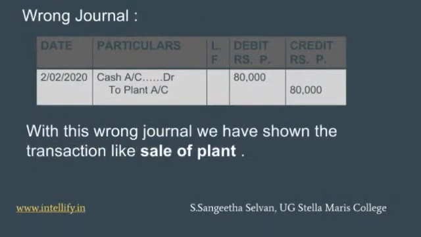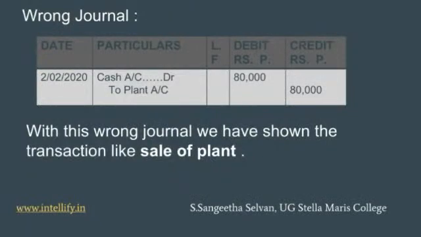So with this wrong journal entry, we have changed the purchase of plant into a sale of plant transaction because we are showing as if cash has come into our concern and we have given our plant. So the purchase of a plant has now turned into a sale of plant because of the wrong journal recording.